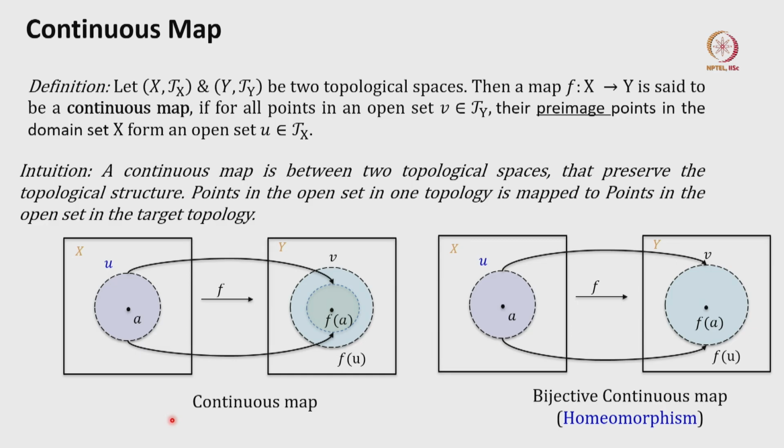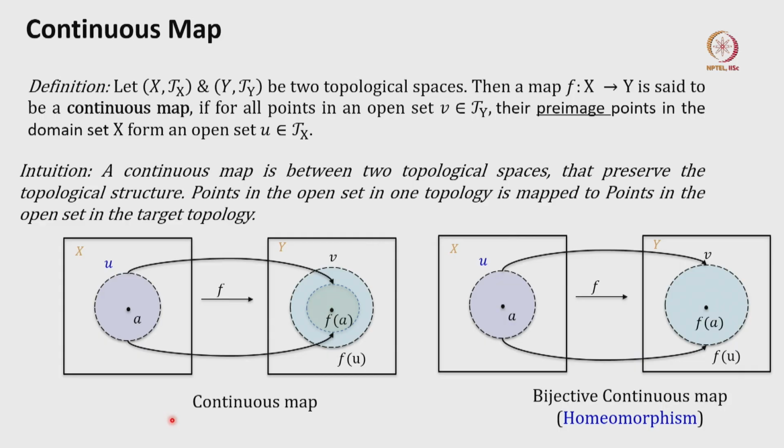All right. So, we will take more examples, but let us talk about a map that can take us from one topological space to another topological space, okay. It is called a continuous map. So, what does it do?